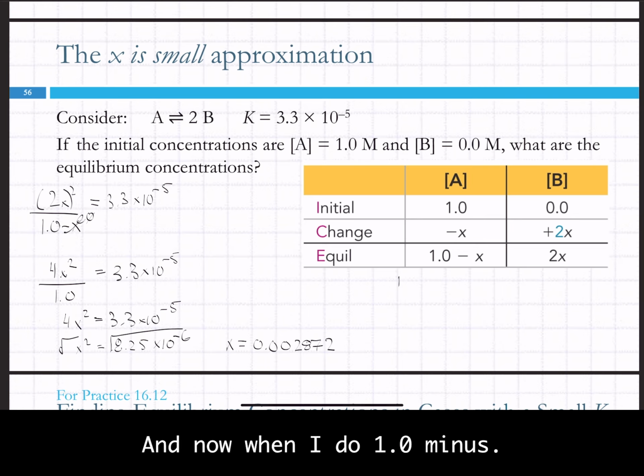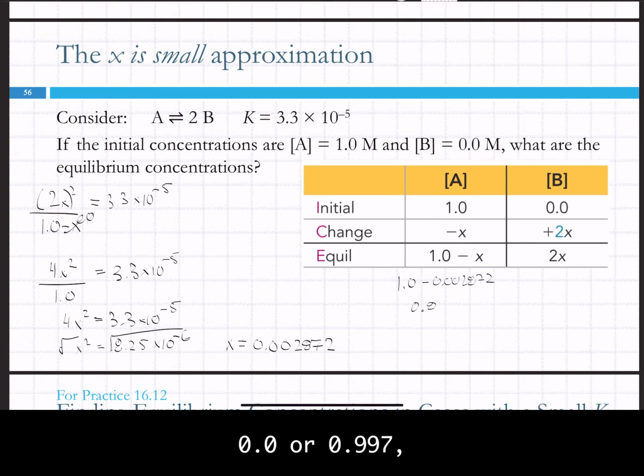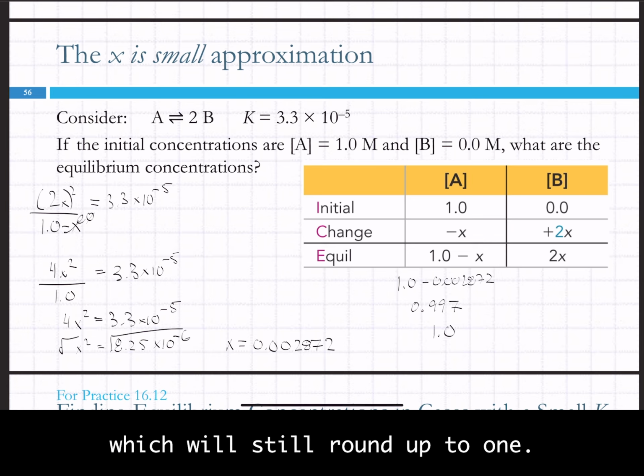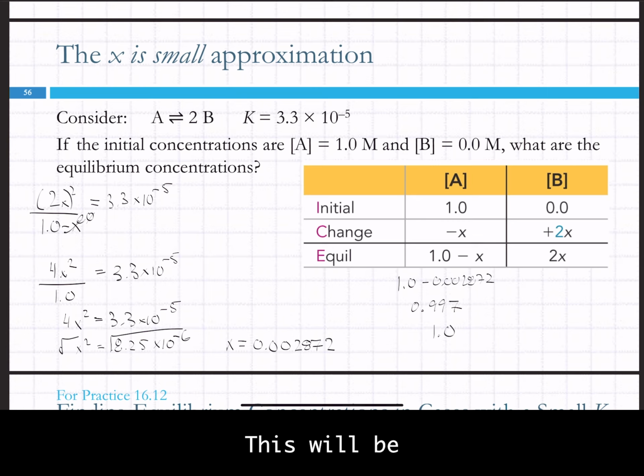Now when I do 1 minus 0.002872, this is still 0.997, which will still round up to 1. This will be my x times 2, which will be 0.0057.